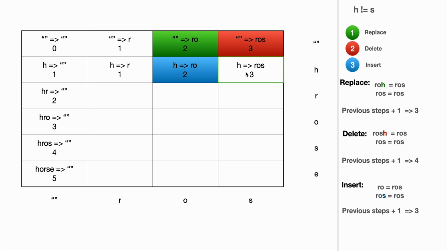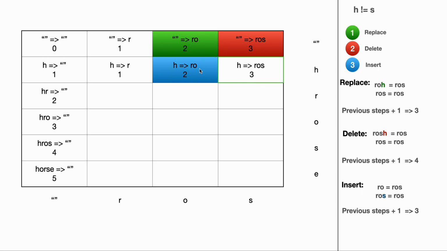For this column h is not equal to s, so we need to consider these previous three states. For the replace operation there is a string ro, so we need to replace the h character with s so that it will become equal. In the delete operation there is a string ros, so we need to delete the current character h so that it will become ros.